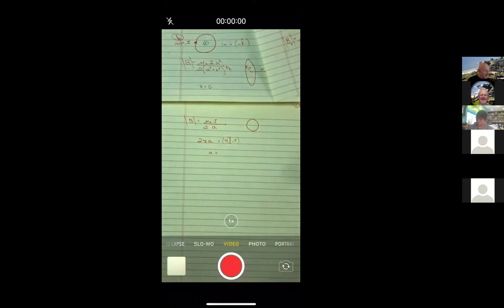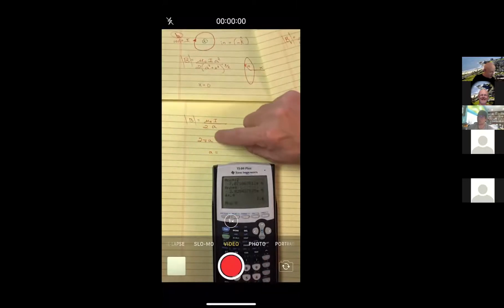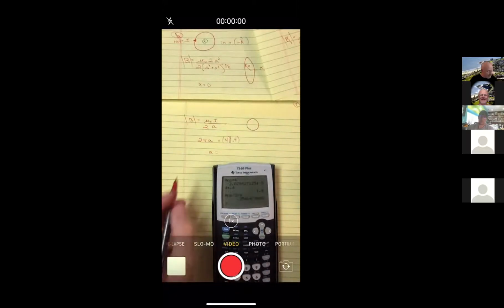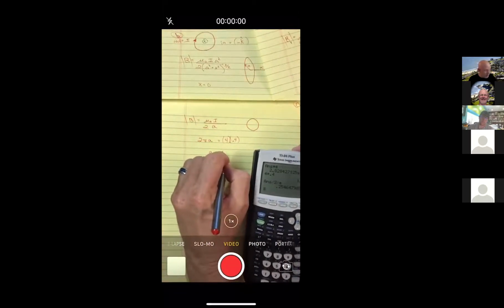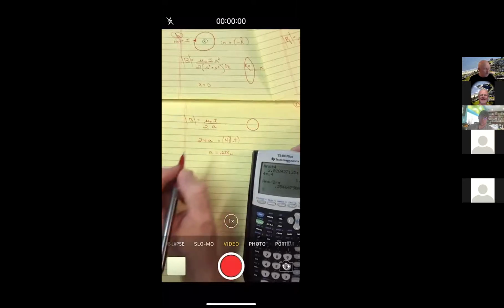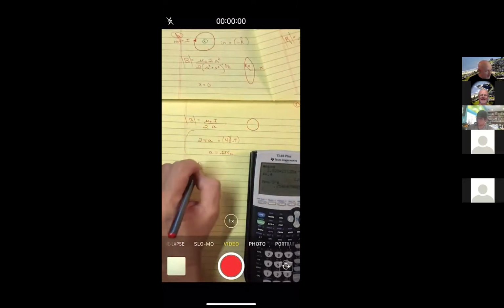This would give me information to figure out the radius. So 4 times 0.4, that's the perimeter of the square, and I'm going to set that equal to the circumference of the circle. So when I divide that by 2 and divide that by pi, I get a radius of 0.255 meters.